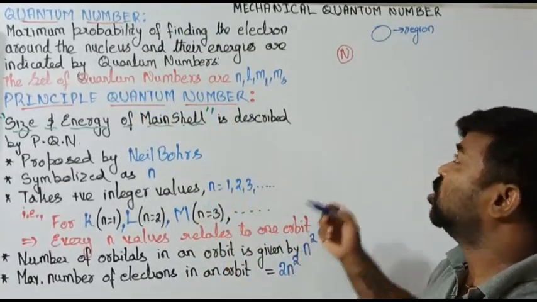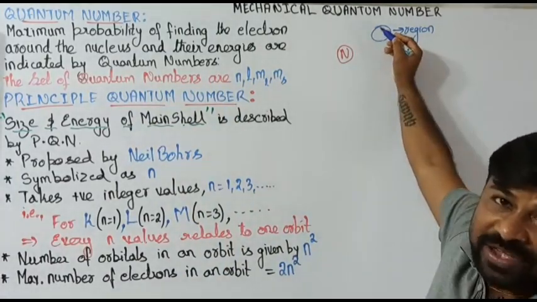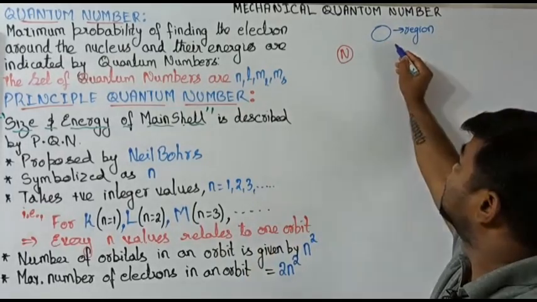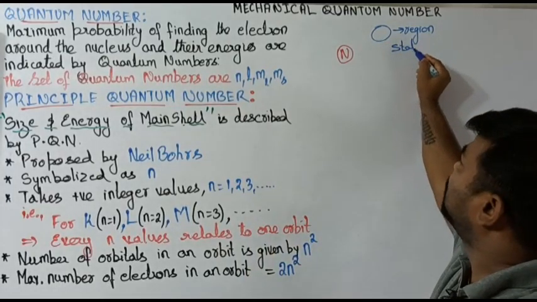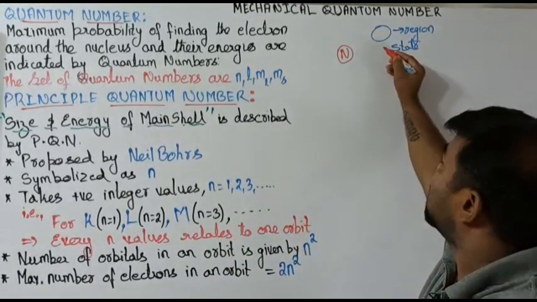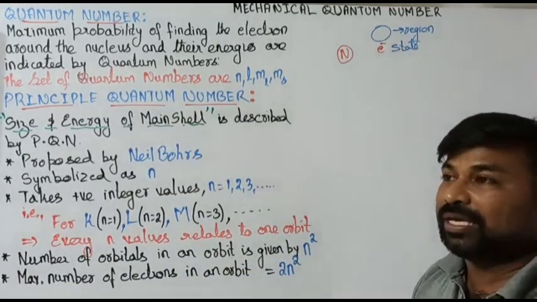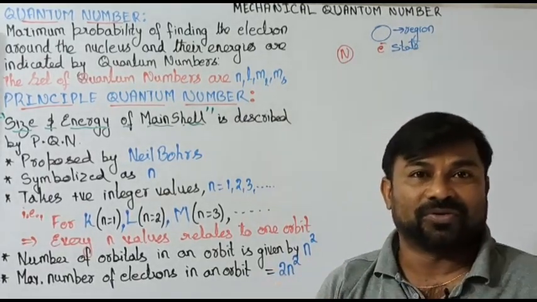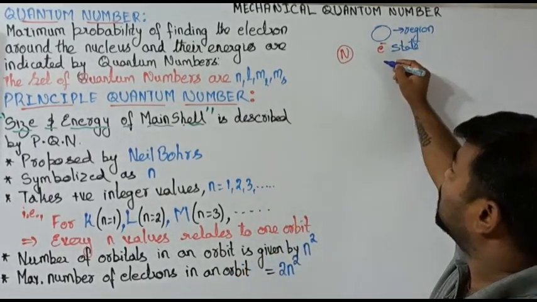Not only the region where it is, we may also talk about the state in which it is. The electron state means in which direction it is moving. Is it rotating clockwise or anti-clockwise? In which direction is it rotating?